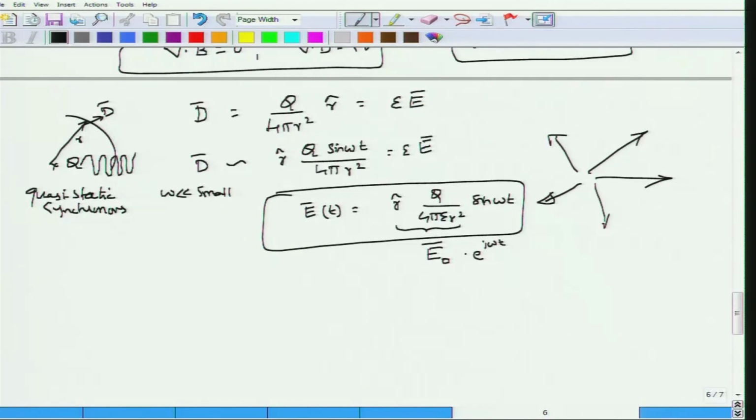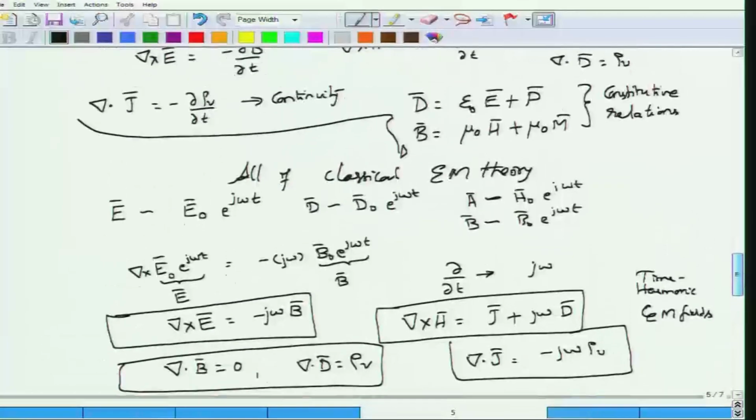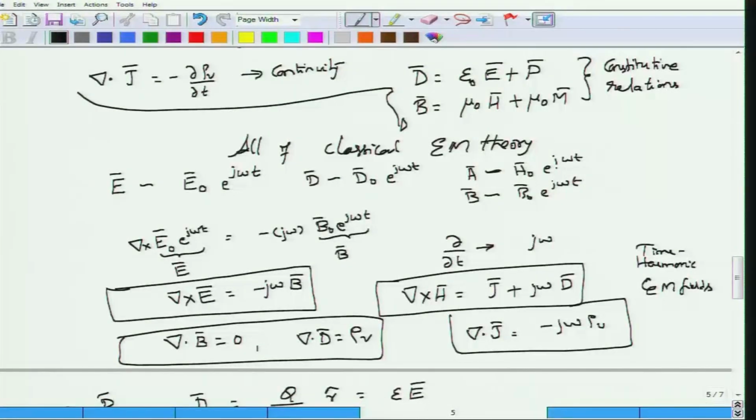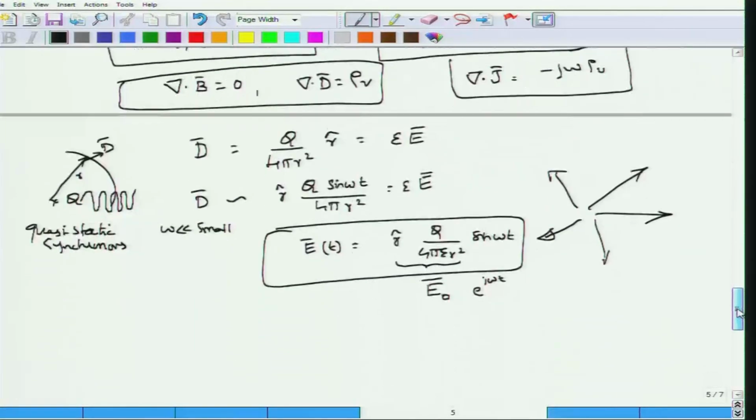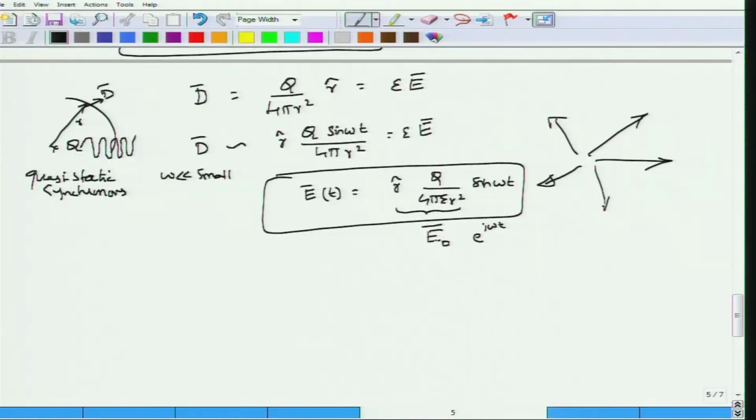So, this is precisely the form that we actually used earlier to write down the time harmonic solutions. In these earlier expressions, you could have used h0 cos omega t or h0 sin omega t as well to get the same or similar relationships. So, here is an example of an electric field varying sinusoidally, and pointing in a particular direction which is radial here.